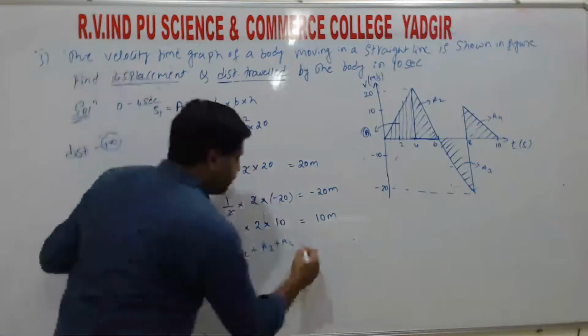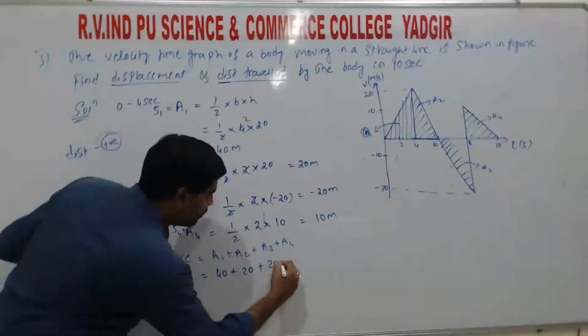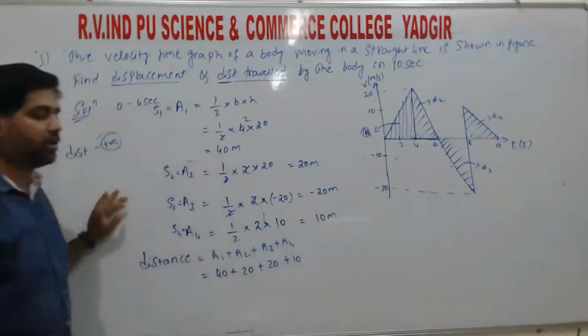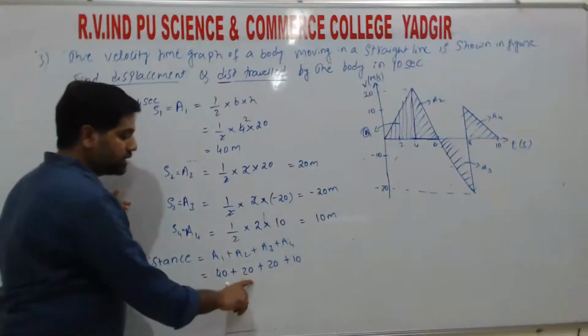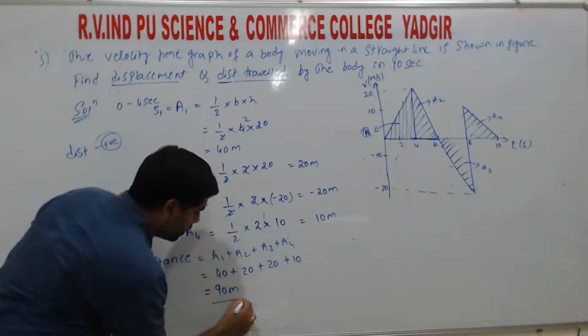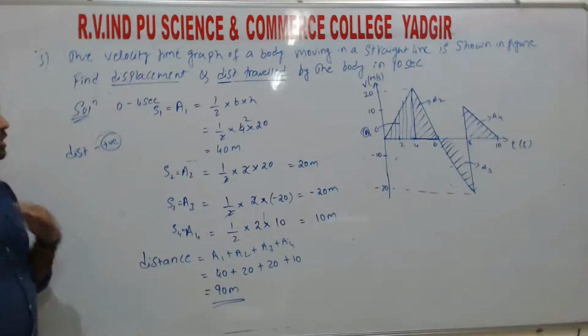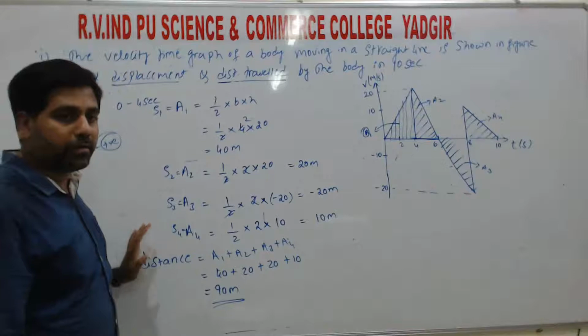So hence we get A1 40 plus A2 20 plus A3 20 plus A4 10, right? So 40, 60, 80, plus 10 is 90 meters. This gives the total distance traveled by the body, right?